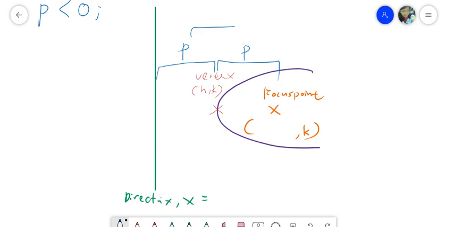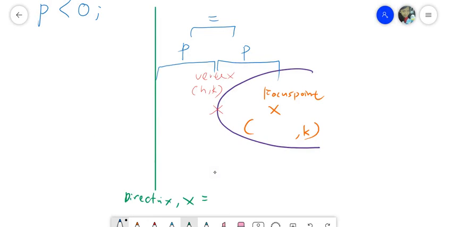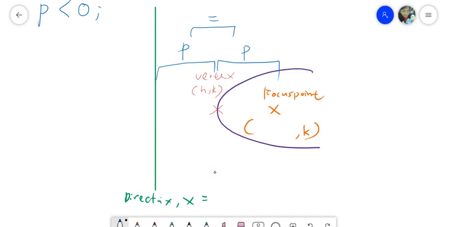This is the same. So you just remember: the directrix is in front, so h minus p. The focus is behind, so h plus p. Always remember this.